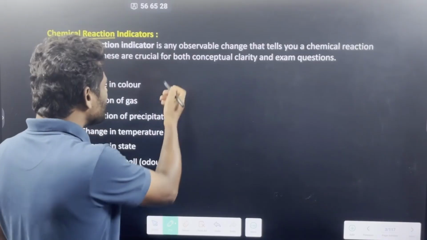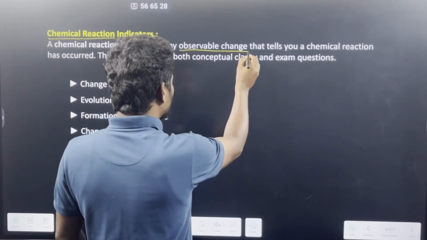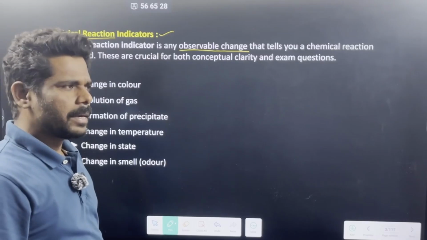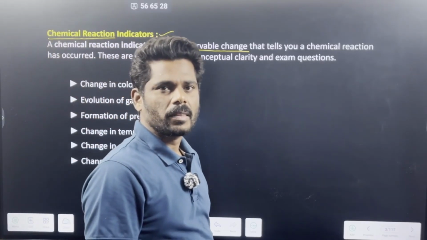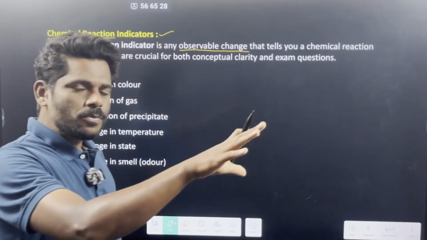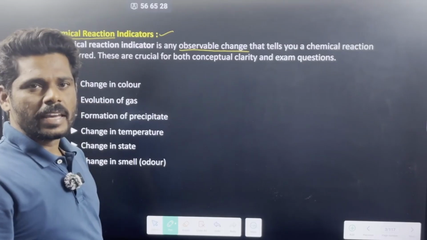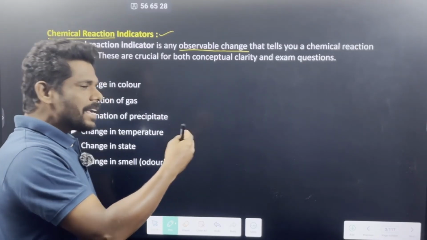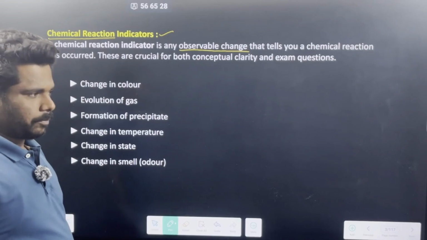Those observable changes are usually called indicators of a chemical reaction. There are different kinds of indicators during a chemical change or a chemical reaction. Let us see each of those indicators one by one.